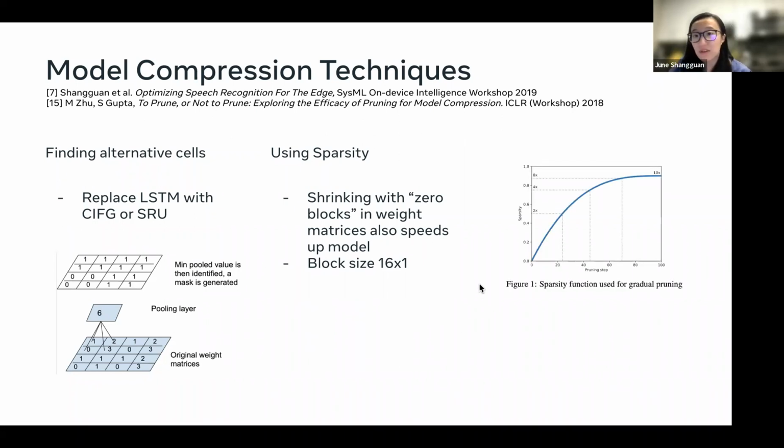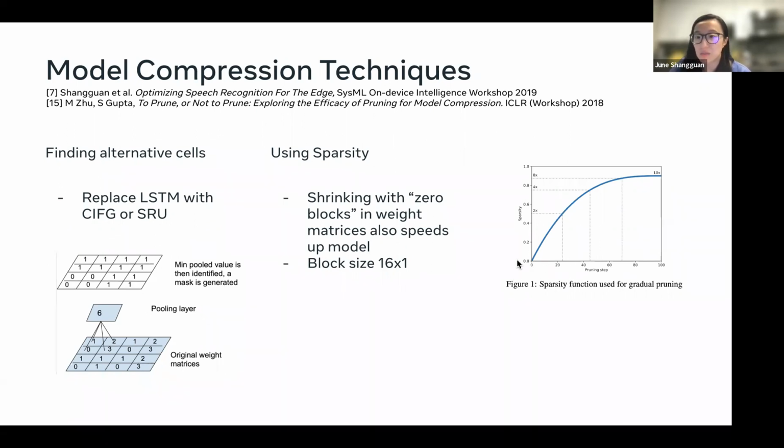The other thing that we found is that we follow the pruning schedule from Michael and Suyog Gupta's work, To Prune or Not to Prune. Despite the amount of literature out there about lottery tickets, we always found that for our models, just having a gradual pruning schedule from scratch performs the best.